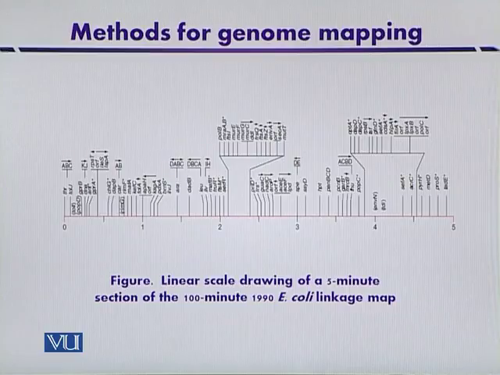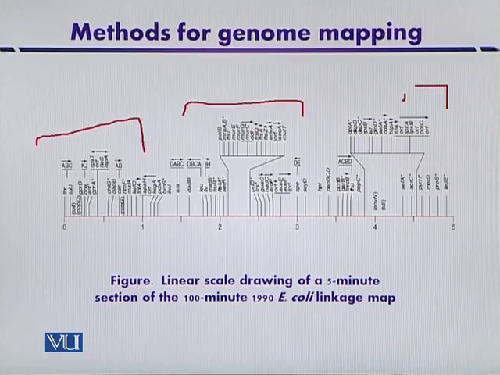These different arrows here indicate the direction of transcription, and the position of different genes is shown along the chromosome. So now this map can give the position of around 1400 genes on the chromosome.